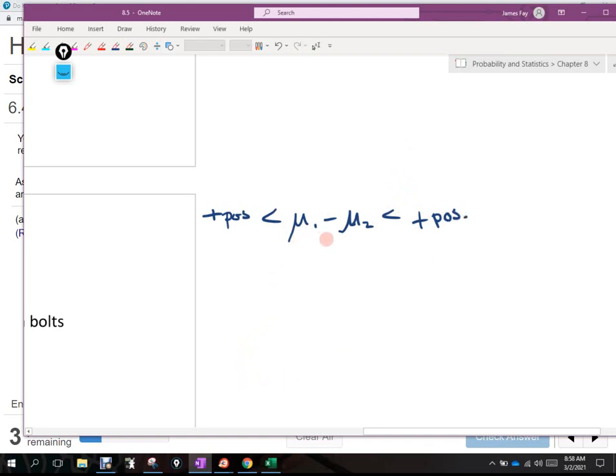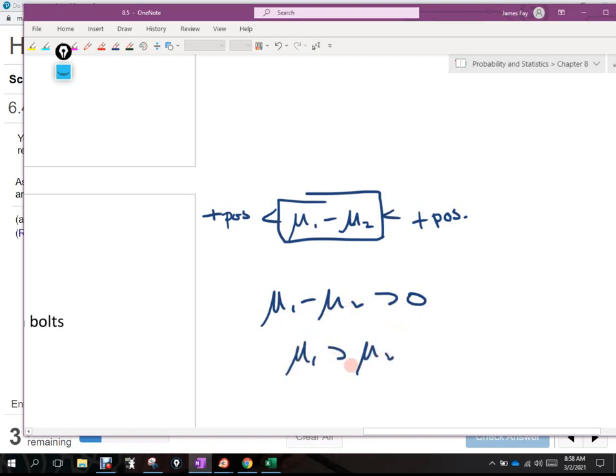Well, if mu1 minus mu2 is between two positive numbers, what does that mean mu1 minus mu2 has to be? It has to be bigger than 0. So then, when I add mu2 to both sides, here we see population 1 actually has a larger mean than population 2.